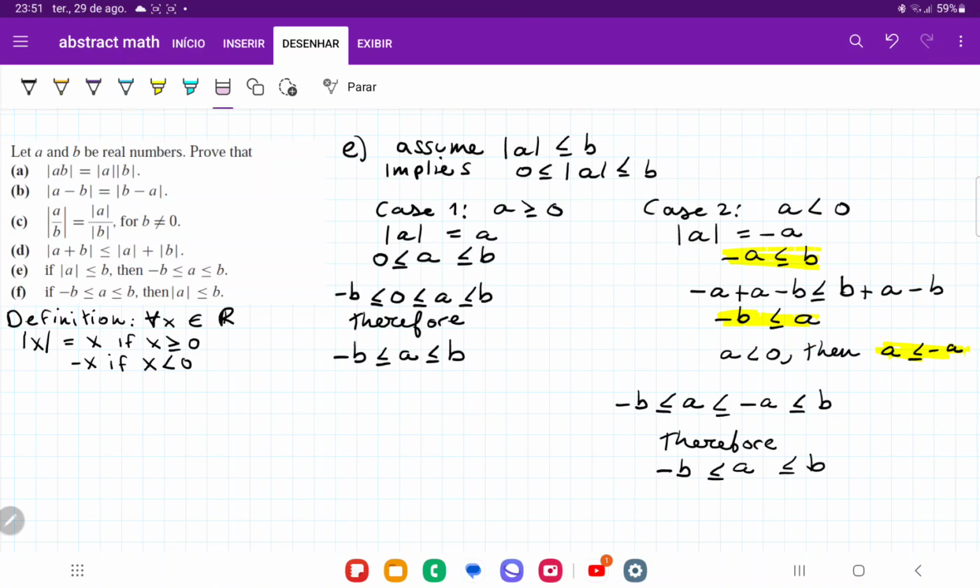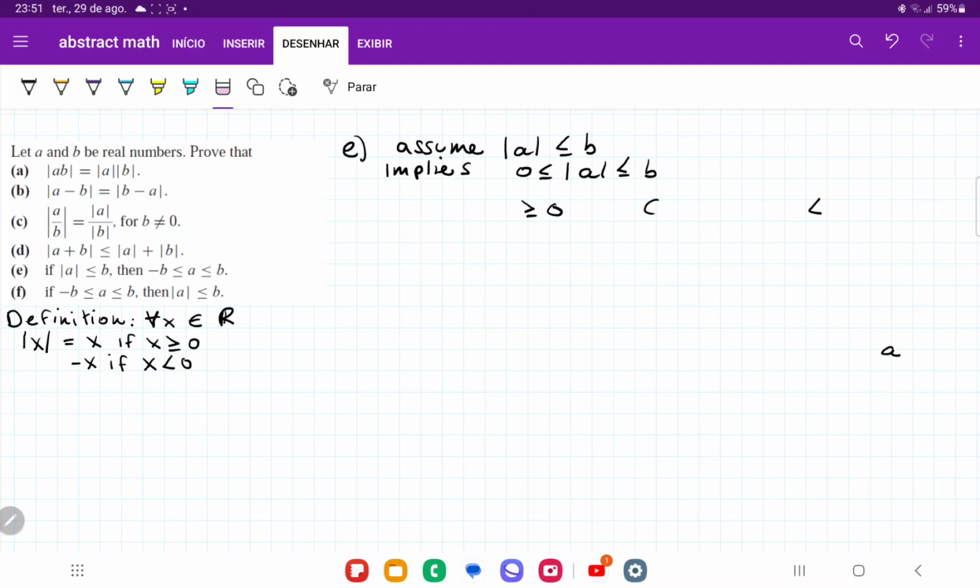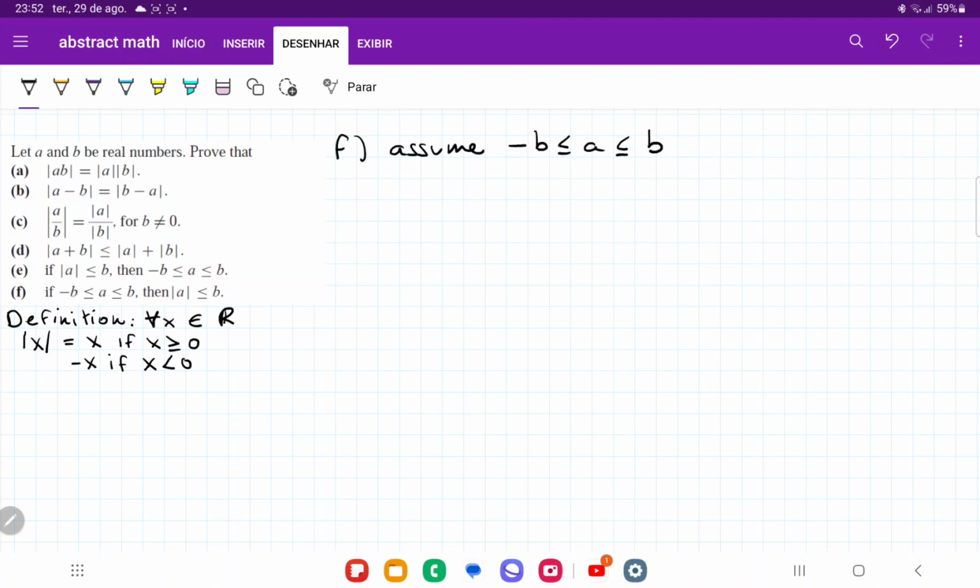And for item F, we want to work backwards. We want to begin with our conclusion and then conclude the hypothesis. So for item F, here, we're going to assume that minus B is less than or equal to A, which is less than or equal to B. So once more, we're going to break it down by two cases.